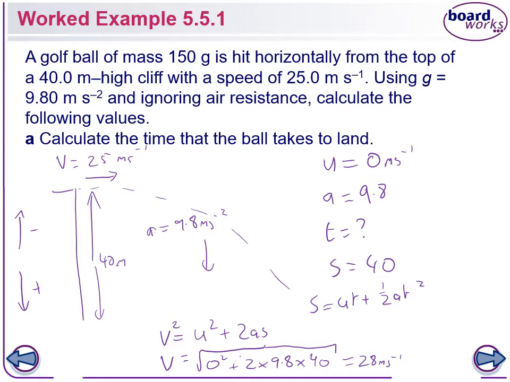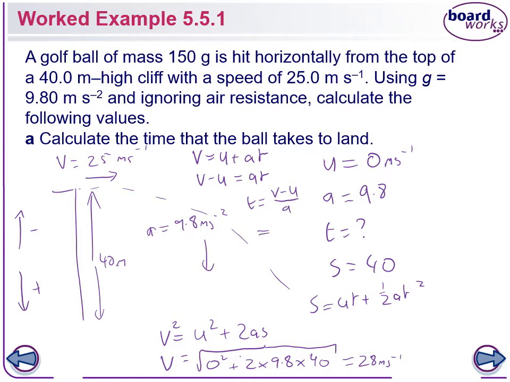So we've got our final speed. So now we can use this much friendlier equation. Now we can solve this for t. So v minus u equals at. So then t would be equal to v minus u on a.